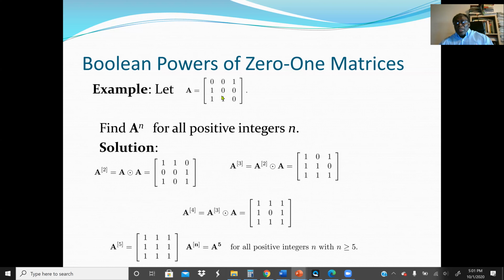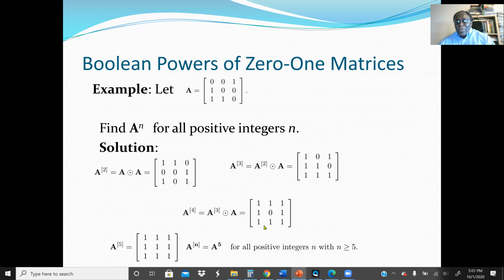So we start with A. We multiply A by itself, we get A squared, and that's the result we get. The same step as the previous slide, so I won't go through that. Then A to the power 3: we know A to the power 2 already, so it's A to the power 2 times A, and this is the result we get. Then 4: A to the power 3 times A, and this is the result.